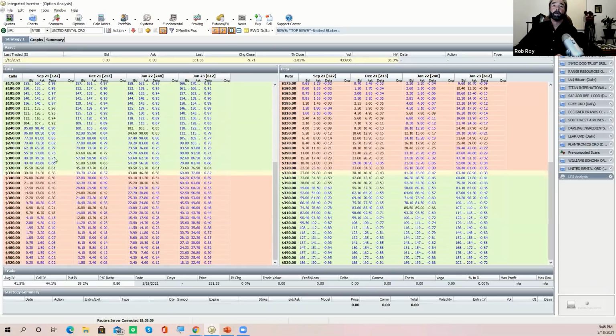So looking at our deltas, September would give us plenty of time. Yeah, the spread's 690 by 840. Turn the little magnifier guy on here.